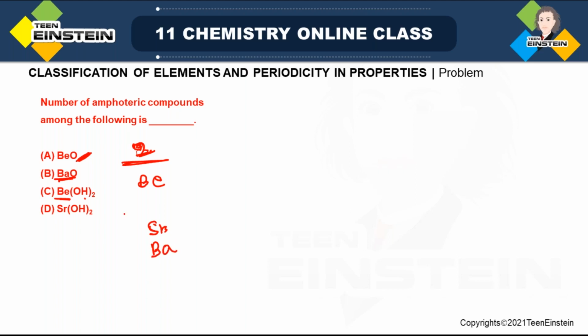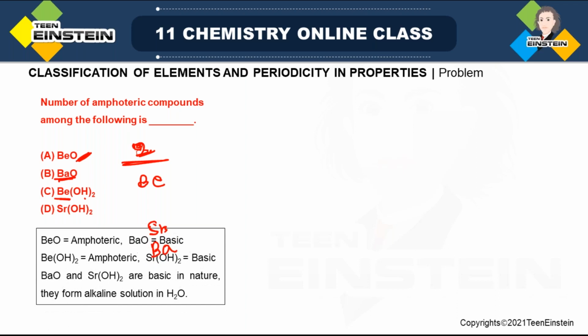We have to find the amphoteric compounds. Mostly amphoteric compounds are formed by Be, and here we have two Be compounds, one oxide and another hydroxide. So BeO and Be(OH)2 are amphoteric.